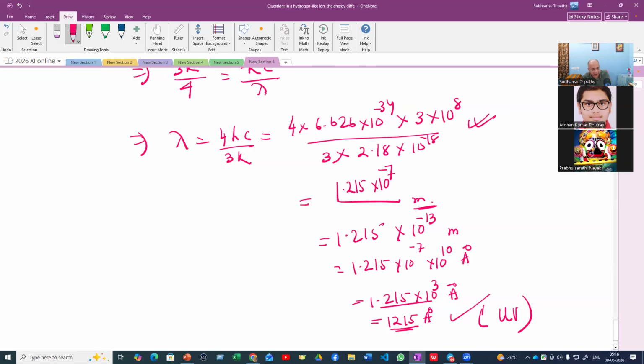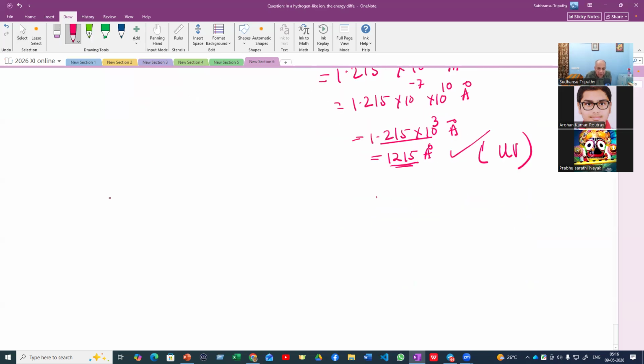Yes, the ultraviolet region. And you know that it is nothing but the first line in the Lyman series. All the lines will fall in the UV region. This is the first line. The transition is from n is equal to 2 to n is equal to 1.